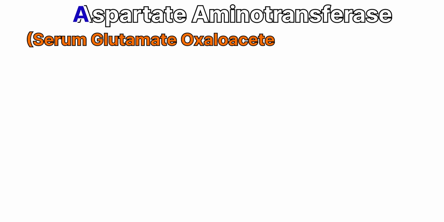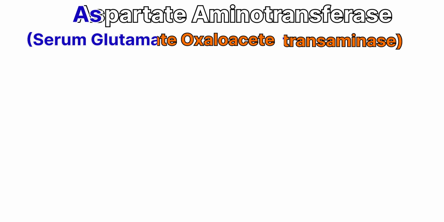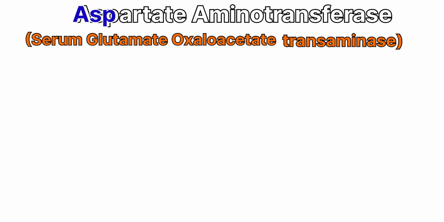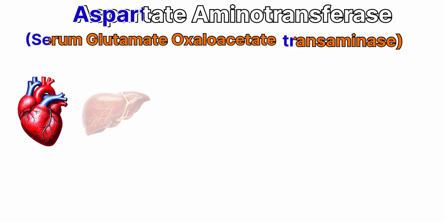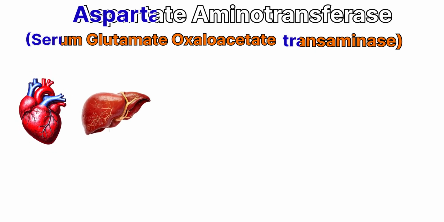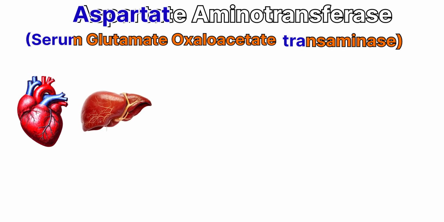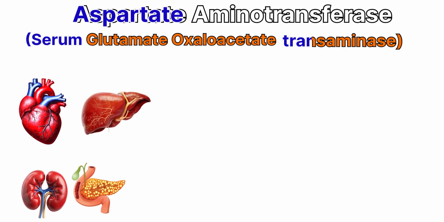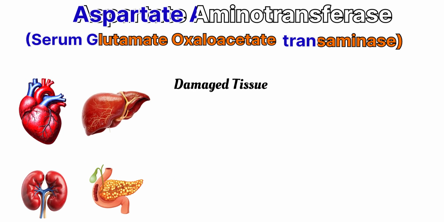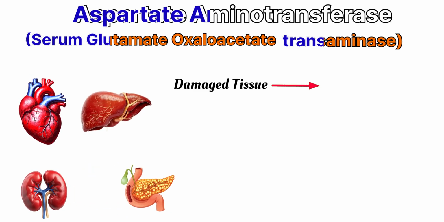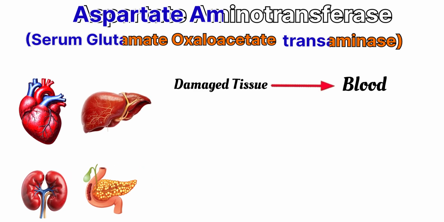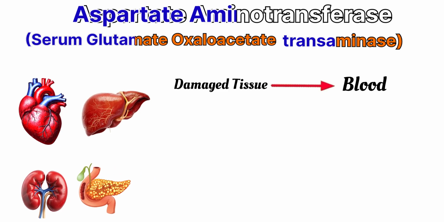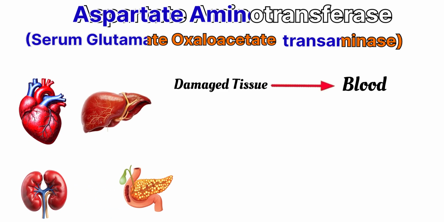The second test is the AST test, aspartate aminotransferase test. It used to be called serum glutamate oxaloacetate transaminase. This enzyme is high in heart muscle, liver and skeletal muscle, but it is very low in kidney and pancreas. Damaged tissue releases this enzyme, so the elevation of this enzyme in the blood clearly determines the extent of cellular damage.